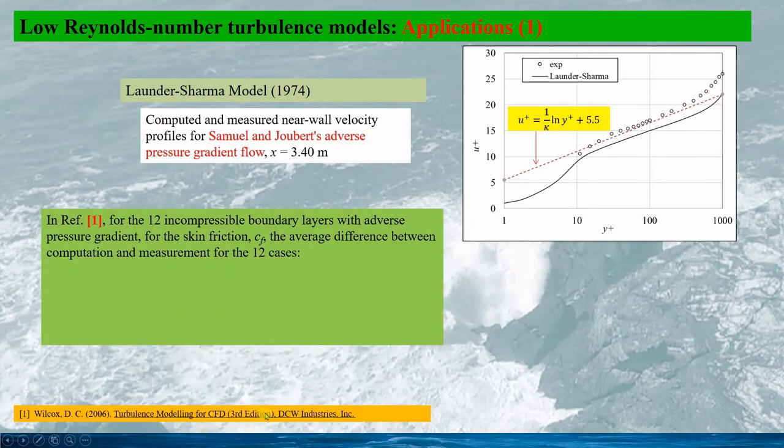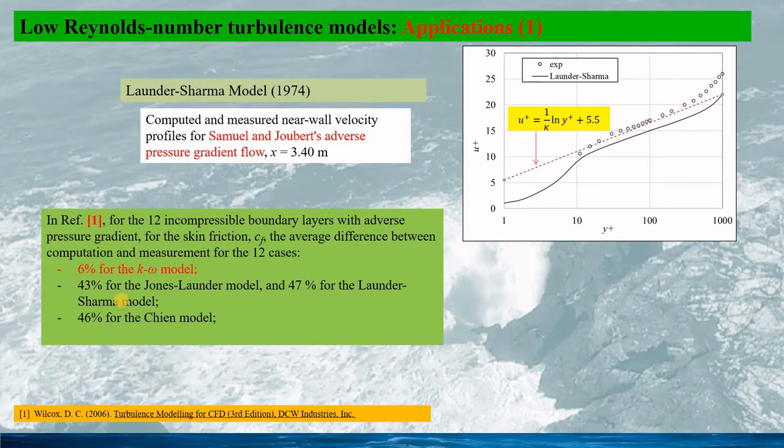Also, in the reference below, for the test case of 12 incompressible boundary layers with adverse pressure gradient, and for the skin friction CF, the average difference between the computation and the measurement for the 12 cases are 6% for the K-omega model, 43% for the Jones-Launder model, and 47% for the Launder-Sharma model, 46% for the Chien model, and 58% for the Lam-Bremhorst model.